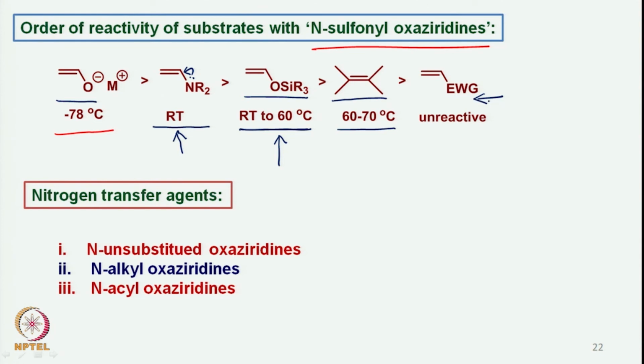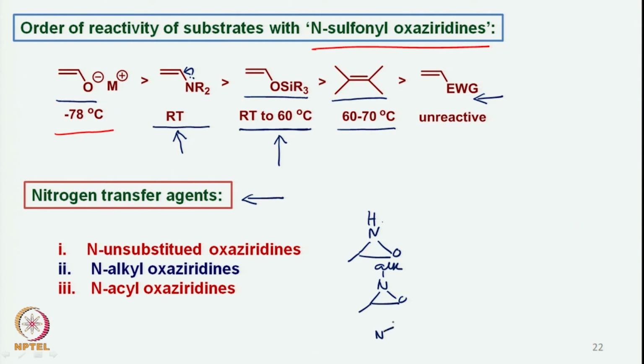For the nitrogen transfer reagents of this type, what you need is an unsubstituted oxaziridine. So, we have something like this, or you have an alkyl group here and you have this oxaziridine, or N-acyl.